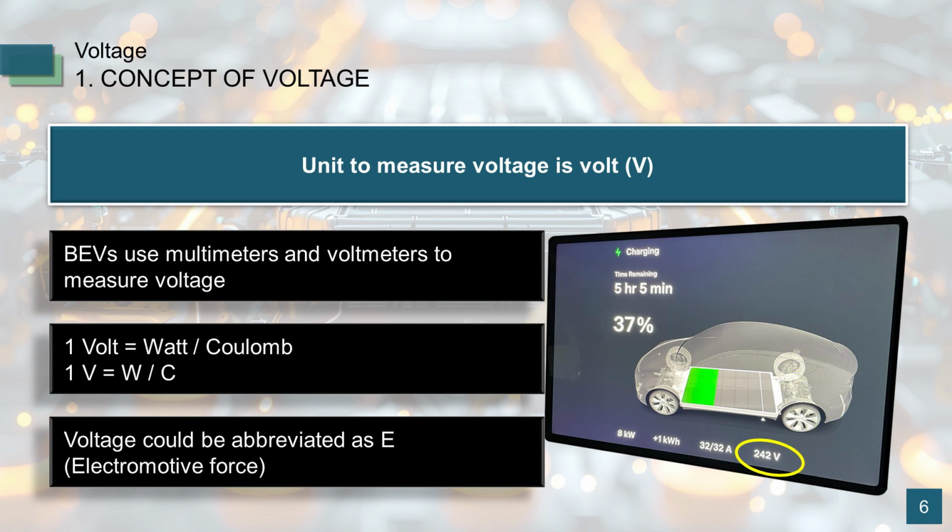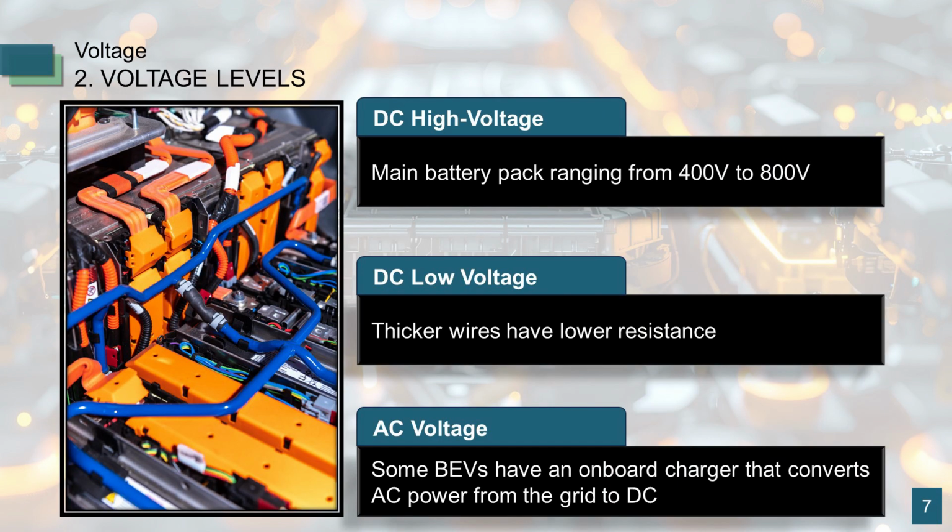Voltage is critical as it determines the amount of electrical energy available to power the vehicle's components, including the motor and battery. There are 3 types of voltage levels: DC high voltage, DC low voltage, and AC voltage. DC high voltage is the primary battery pack voltage, typically ranging from 400 volts to 800 volts in most battery electric vehicles.